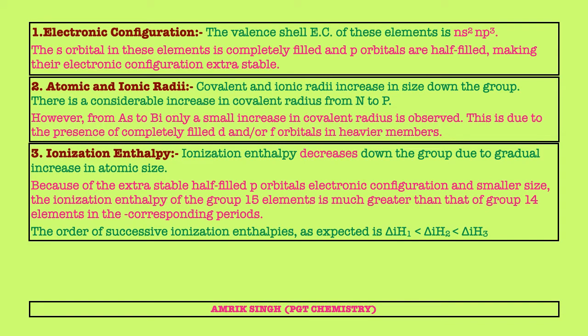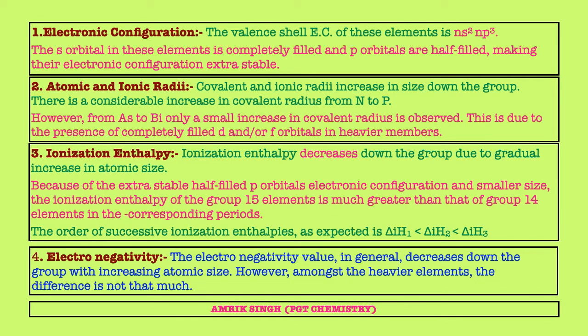The order of successive ionization enthalpies, as expected, is ΔH1 < ΔH2 < ΔH3. These are the ionization enthalpies for the removal of first, second and third electron respectively.